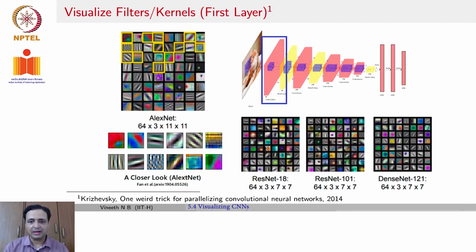All of them detect edges of different orientations, certain higher order interactions such as checkerboard patterns, striations in different orientations, color blobs, certain color gradations as in edges in different colors, and so on. You will see this as part of the assignment this week where you try out some of these experiments.